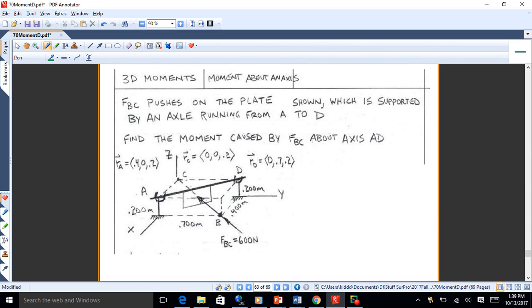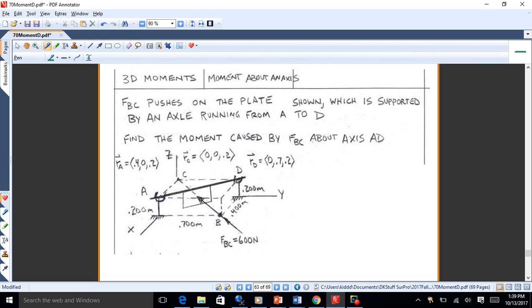So now I'm going to put in a couple of bearings there at A and at D. And I'm going to find the moment of that force about that particular axis. So I'm going to force it to rotate about those two bearings at A and D.